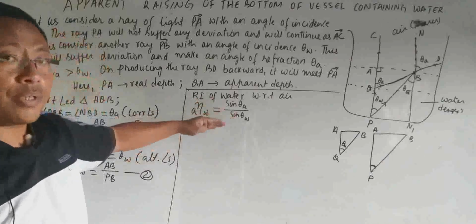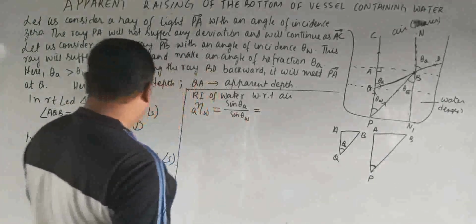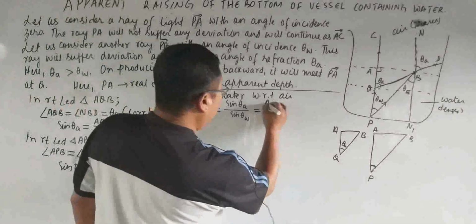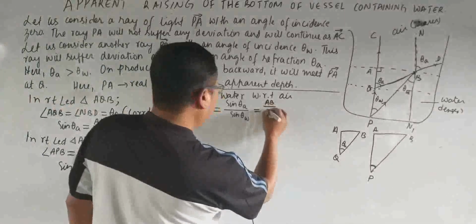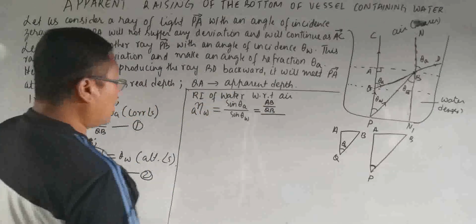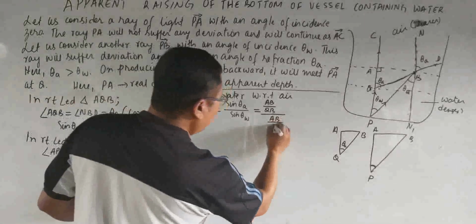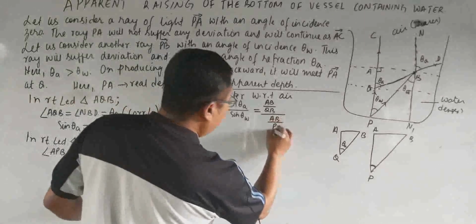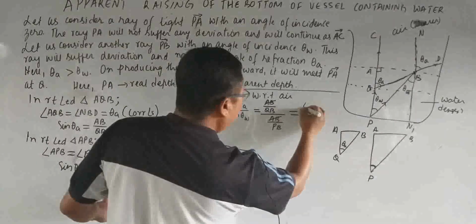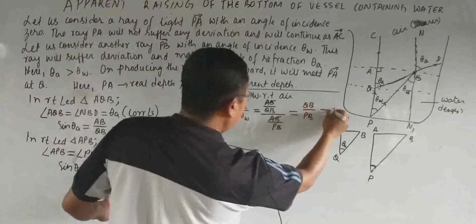So you can refer to the second law of refraction. So sine theta A is given by, in equation 1, AB by QB, and sine theta W is AB by PB. So I can cancel this and this. We'll be left with QB by PB. Let's call this equation 3.